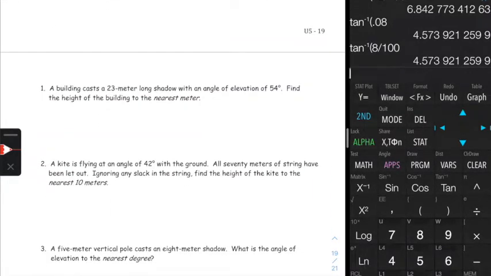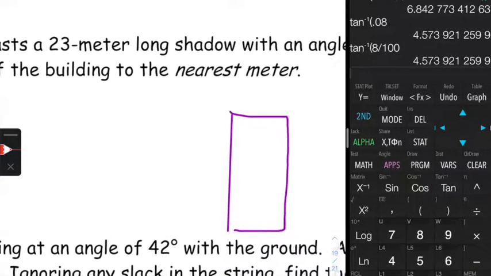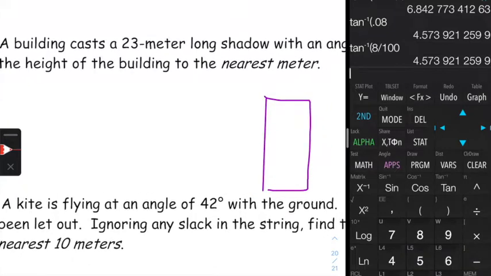A building casts a 23-meter shadow with an angle of elevation of 54 degrees. Find the height of the building to the nearest meter. So apparently we've got some type of building. Let me draw something. So a building like that, and then there's a shadow along the ground.